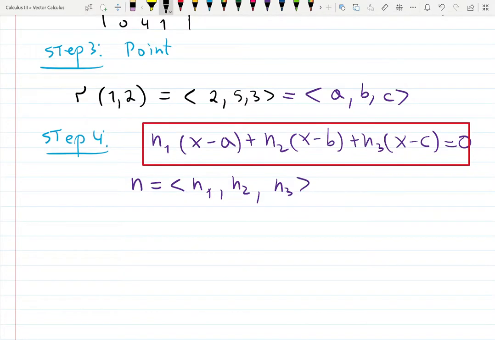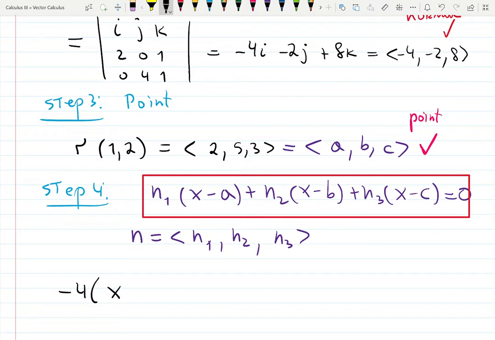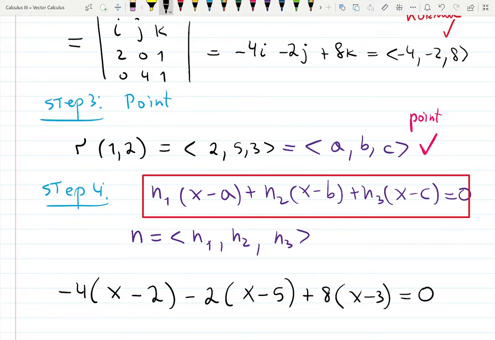So let's build it. N is found. There was a check mark over there. Here's a check mark, point. Minus 4 times x minus a shift. The shift is a point. Minus 2 times y minus shift, that's a 5. And 8 times z minus 3. Not x though.